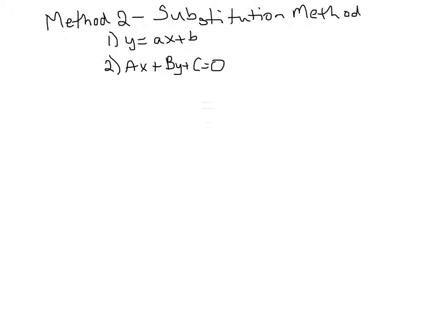So that's the key you're looking for if you're going to use substitution method: one variable all by itself on one side of the equal sign, and in the other rule, your x and your y on the same side. This c could be here, or there could be a number over here. It doesn't make a difference in that regard. So in this case, y is by itself, and we have the general form.